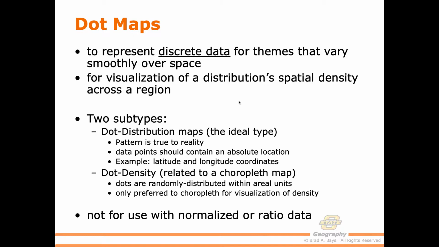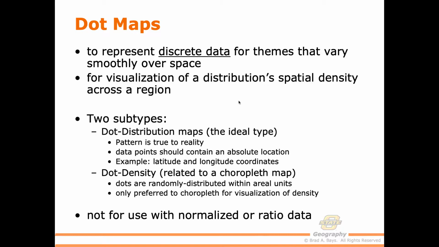We can use dot maps to show discrete data, individual observations, as well as data that are aggregated or normalized to individual aerial units. That would mean things like data that are associated with, let's say, the counties of the state of Oklahoma. If we were to look at something like an election return, we might find that 30% of voters in Payne County voted for a measure or a candidate, and 70% of voters in Caddo County voted for this same candidate.